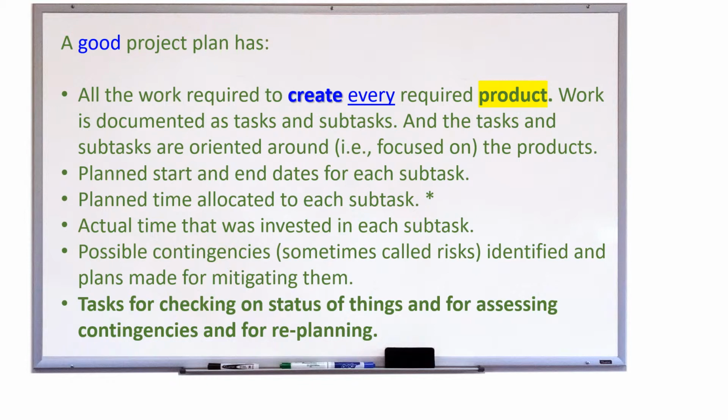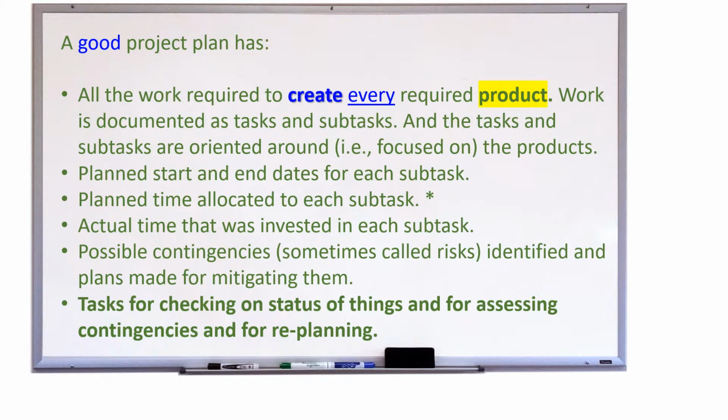And sometimes that's called a work breakdown structure. That's a phrase that's used in project management a lot, WBS, work breakdown structure. We're not getting too crazy about that part of the terminology. We're just focusing on identifying tasks and subtasks. And those tasks and subtasks are oriented around the products.